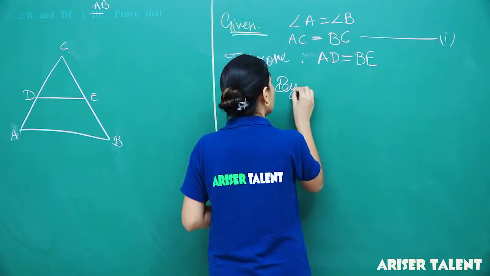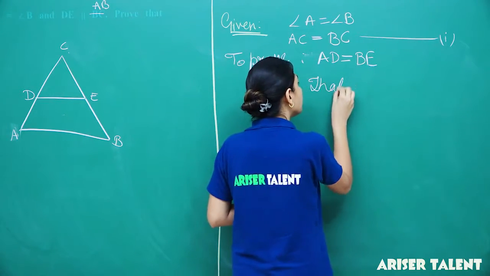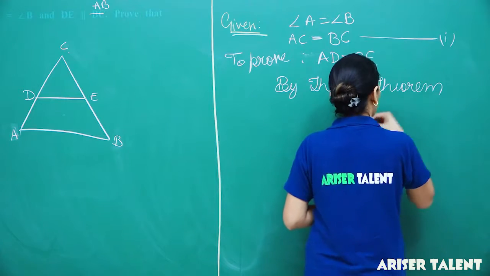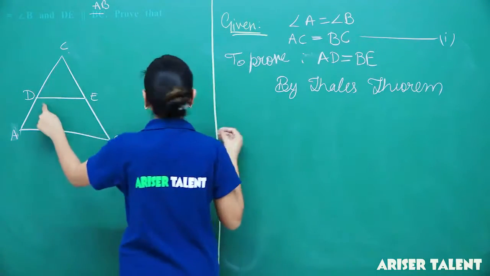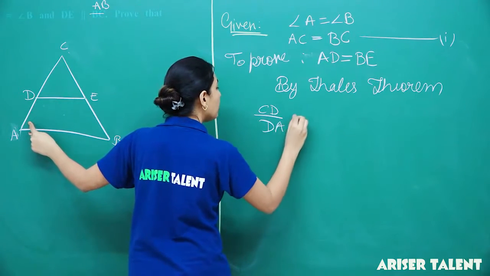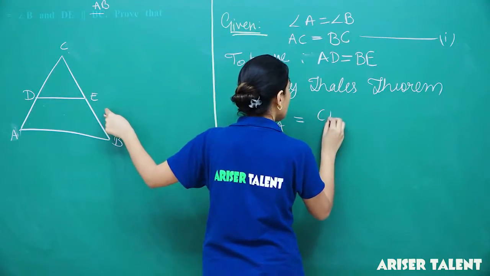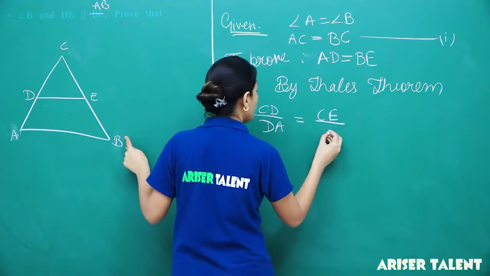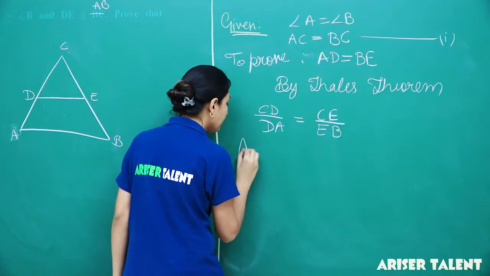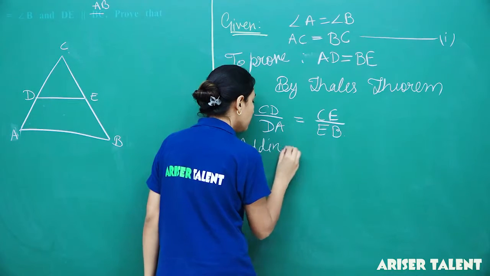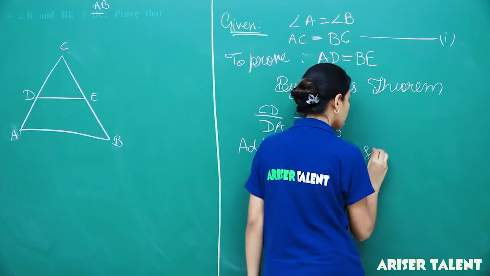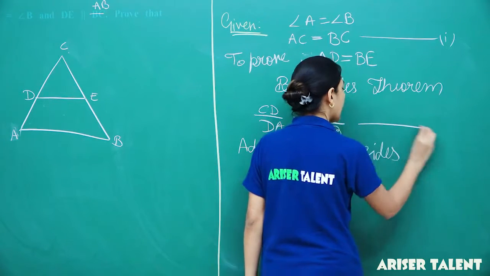By Thales theorem, we will have CD divided by DA equals CE divided by EB. Now what we will do, we will just add 1 to both sides in the second equation.